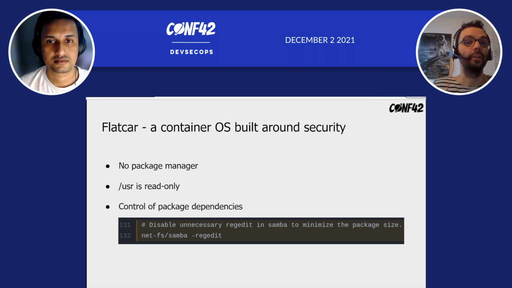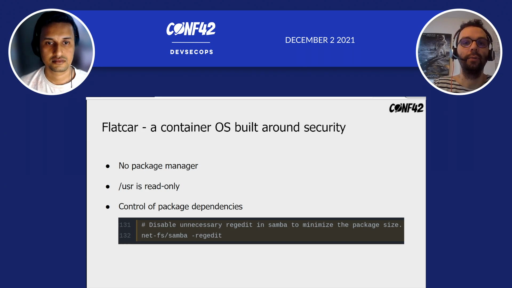With Flatcar, for example, we don't ship any package manager. By doing that, we prevent drift between the way we ship the actual OS and the way it lives over time, so you avoid drifting from the initial release of the OS. Also, we control the package dependencies we want to add into the image.